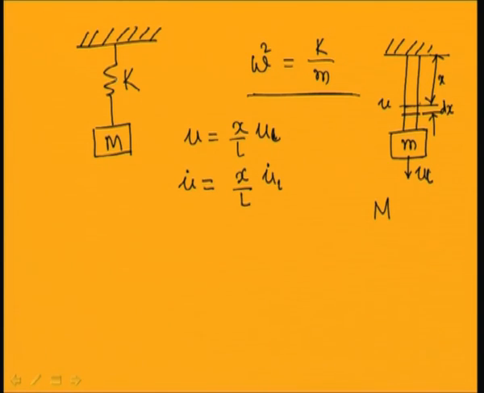In that case the elemental mass will be equal to m by L into dx, where m is the total mass of the spring, or in this case the mass of the rod.